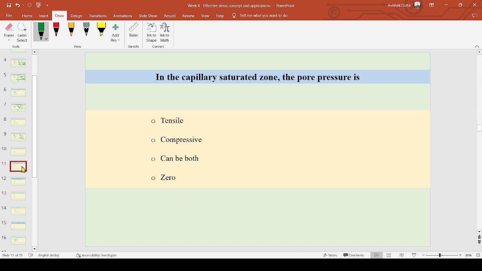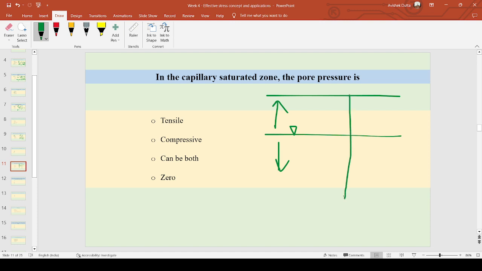Next question. In the capillary saturated zone, the pore pressure is. So I have said earlier, this is the water table. This is the soil above the water table. This zone is capillary saturated, and in this zone it is saturated. This is the line.